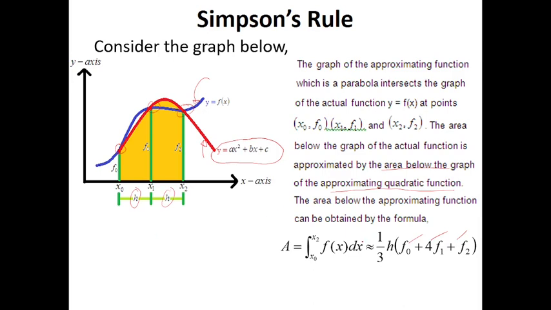So 1/3 h of f sub 0 plus 4 f sub 1 plus f sub 2. The interval value h can be obtained by subtracting x sub 0 from x sub 1, or by subtracting x sub 1 from x sub 2.